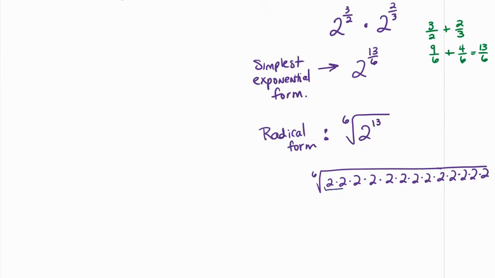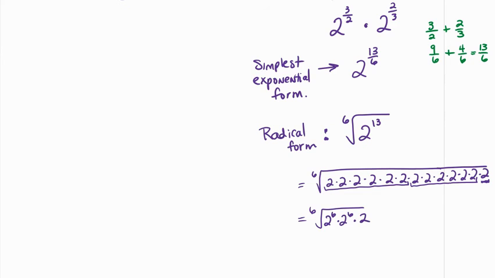So I can take 1, 2, 3, 4, 5, 6 of those 2's and make a group. And then I'm going to take another 1, 2, 3, 4, 5, 6 of those 2's and make a group. And I have this one little lonely 2 left by himself, right? So really then I can rewrite this as the 6th root of 2 to the 6th times 2 to the 6th times that 2 that's left over.